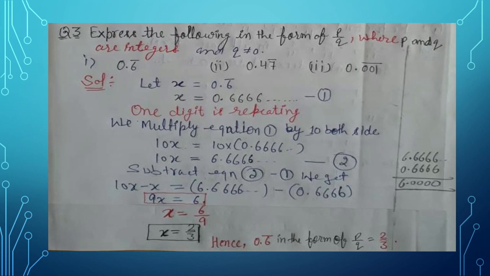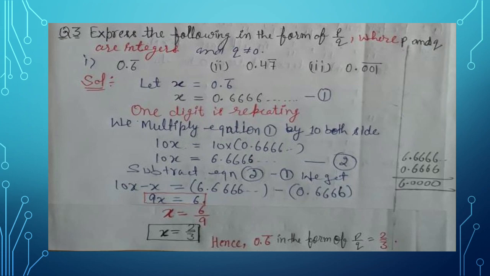When you multiply 10 with x, it becomes 10x, and on the other side, multiplying 10 into 0.666 becomes 6.66 and so on. Now next task, we need to subtract 1 from 2. That means 10x minus x and 6.66 minus 0.66.